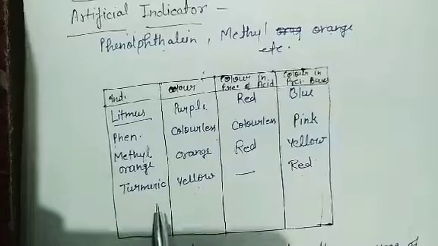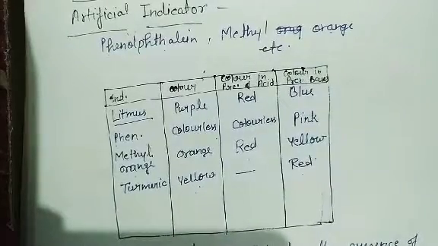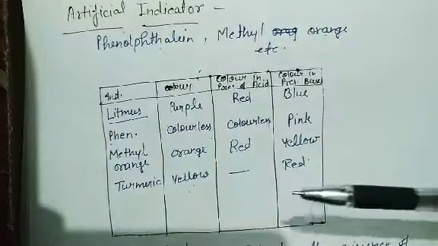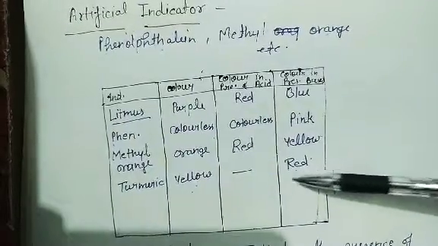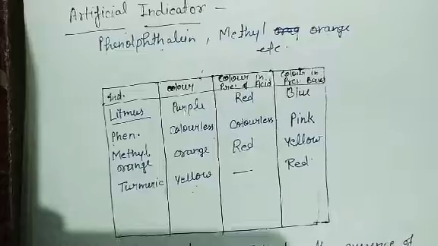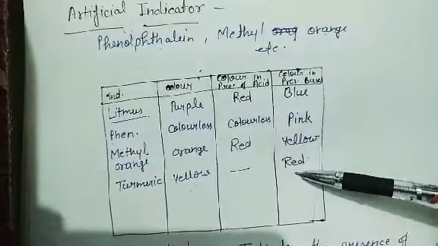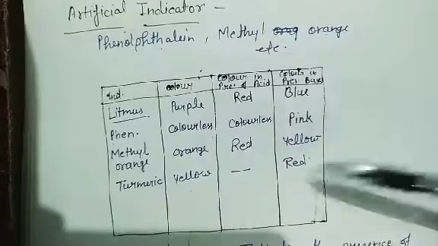That is because curry always has turmeric in it, and whenever you apply detergent to a turmeric stain, it changes into red. It is a natural indicator and it turns red in the presence of an alkali.